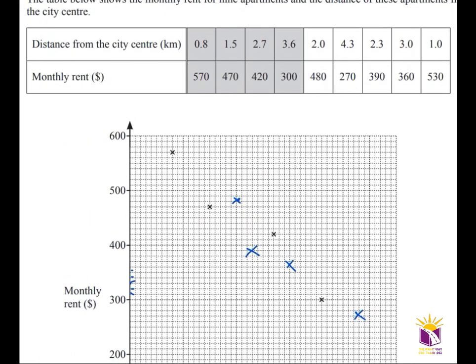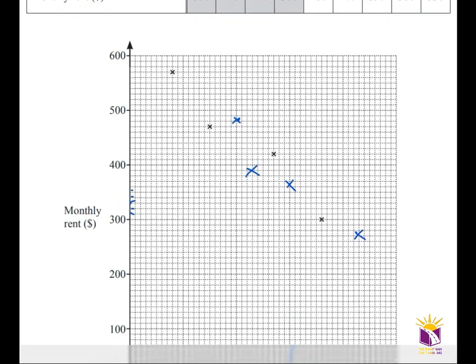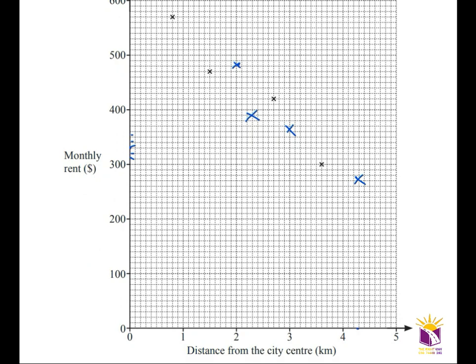And the last one is 1 and 530. 1 and 530. These are our scattered points.